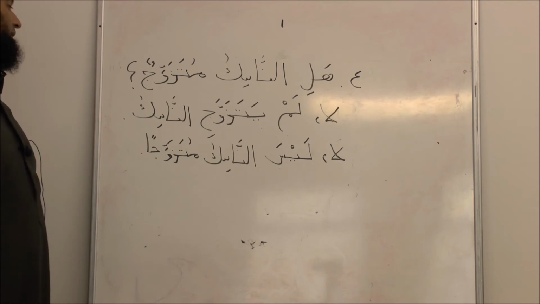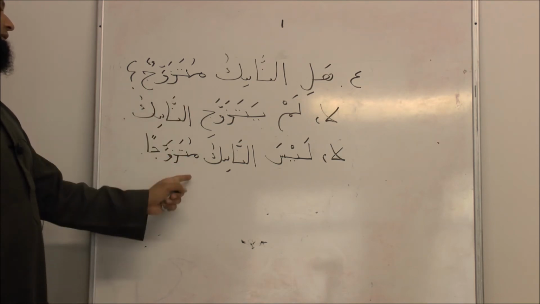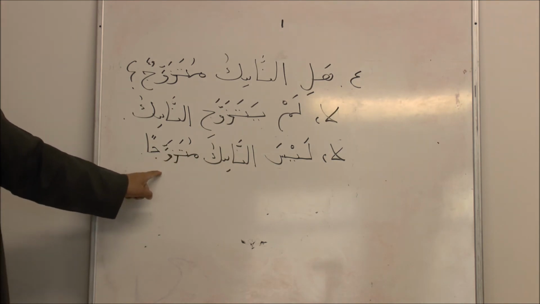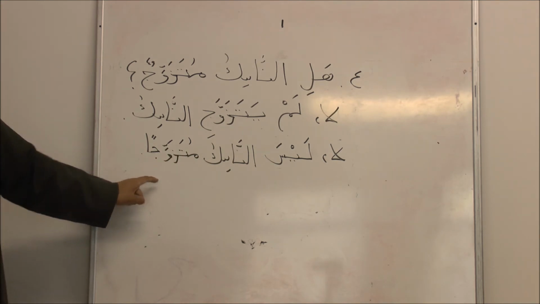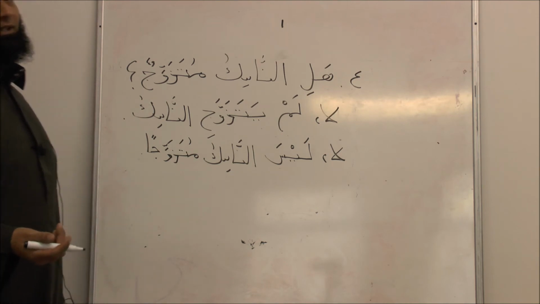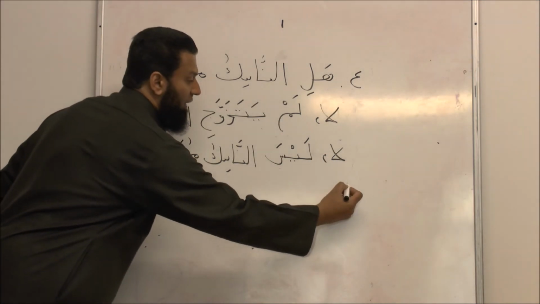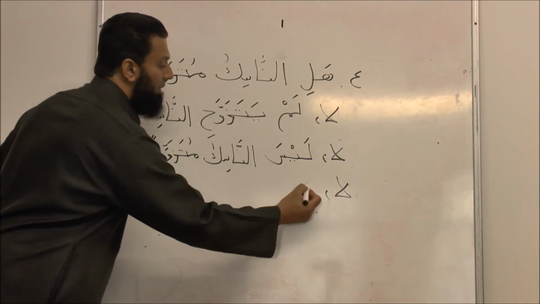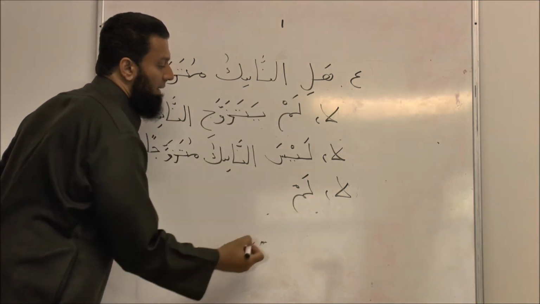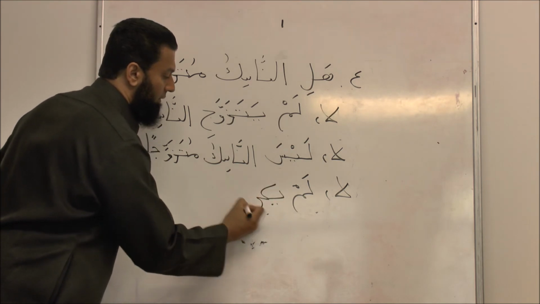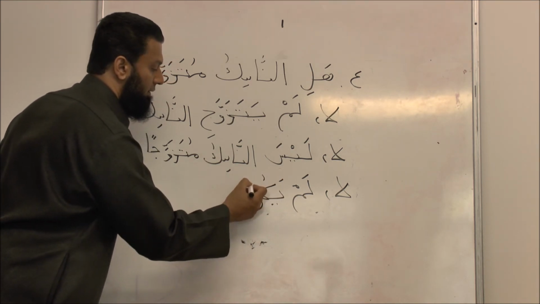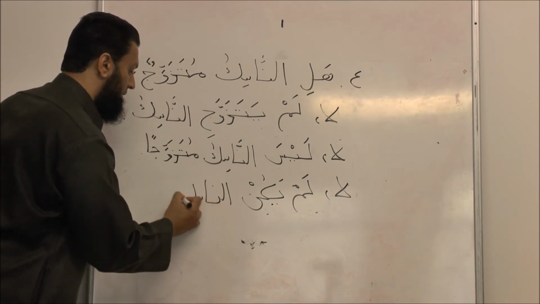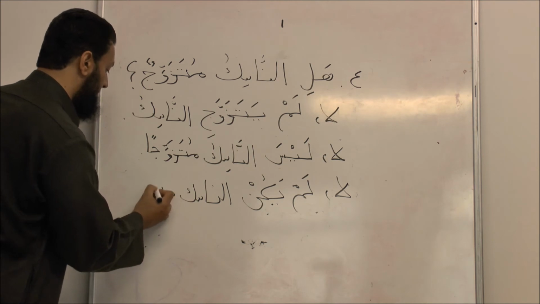The second is to use laysa to negate the ismun, mutazawwij. Then there's a third way: you could say la, and then using lam again, lam yakun mutazawwijan.